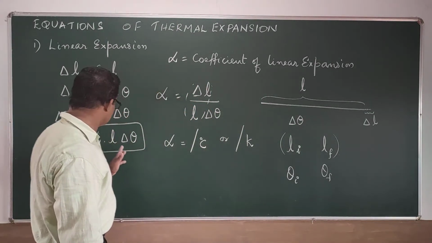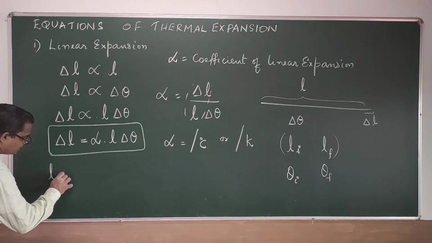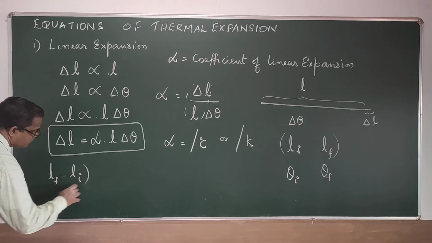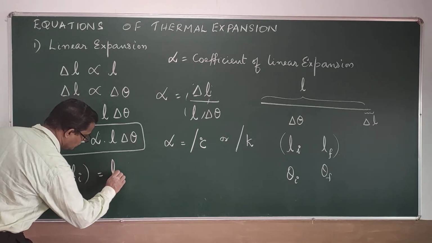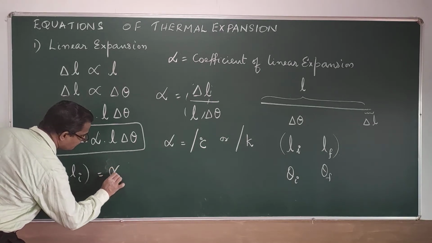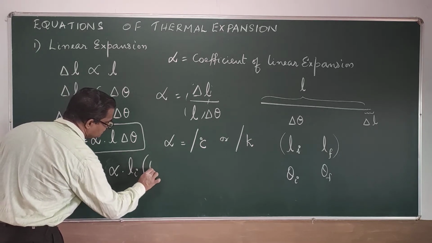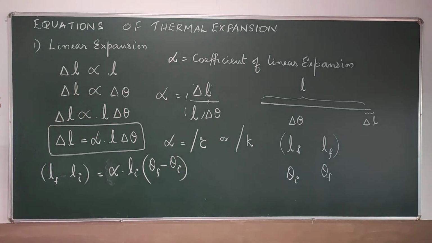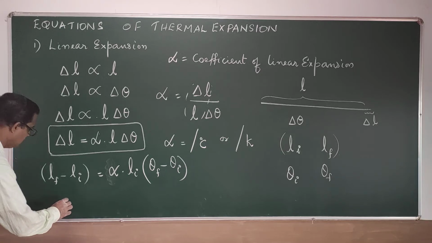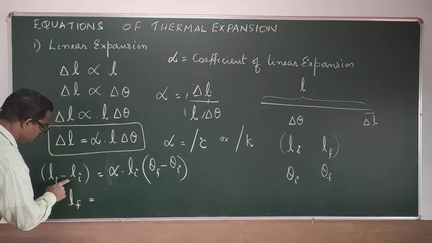Then I can express this equation as LF minus Li. This is the change in length, will be equal to alpha into L initial into theta final minus theta initial.